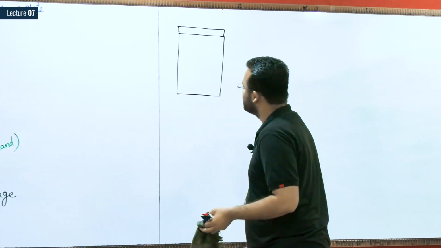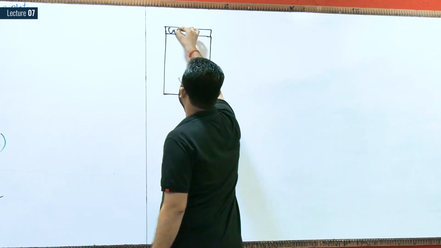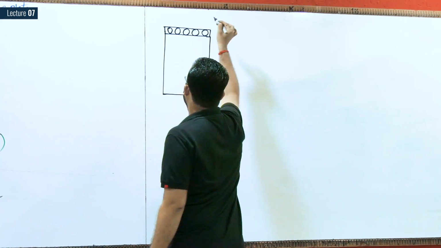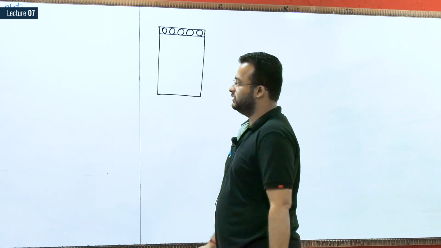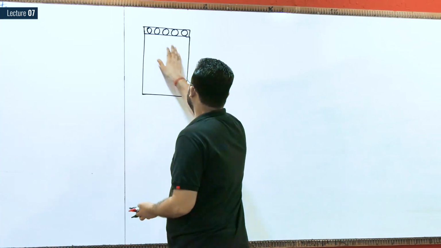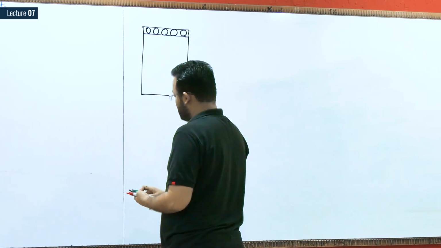Something like this. Here we kept one porous plate which is acting as a layer of sand, and here it is filled with water.